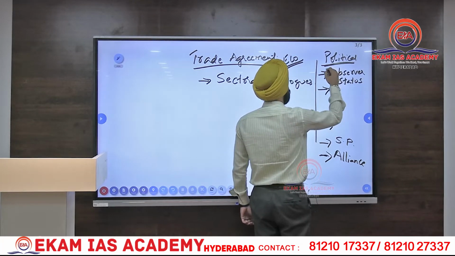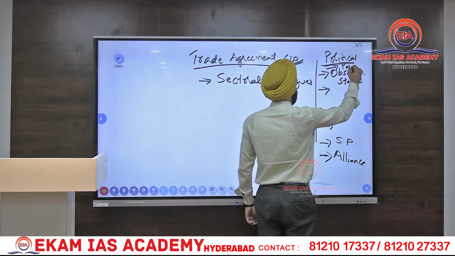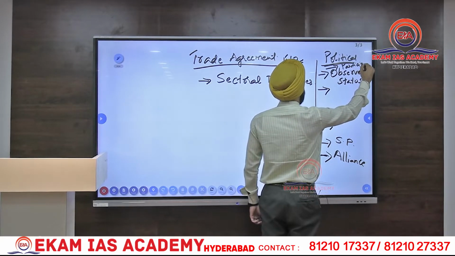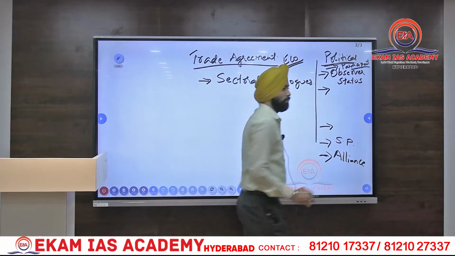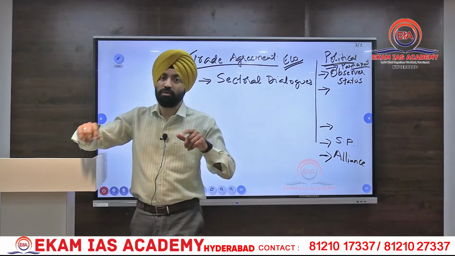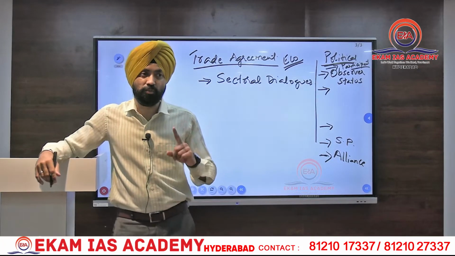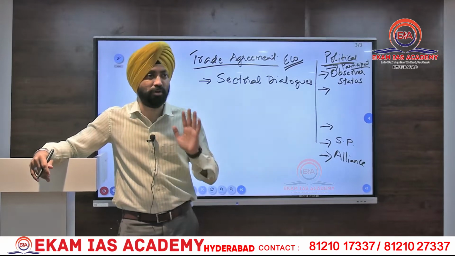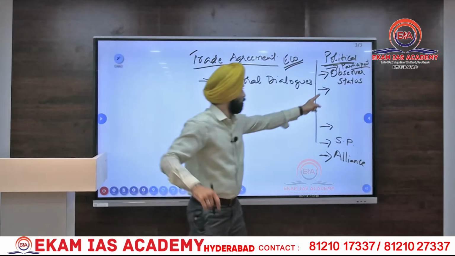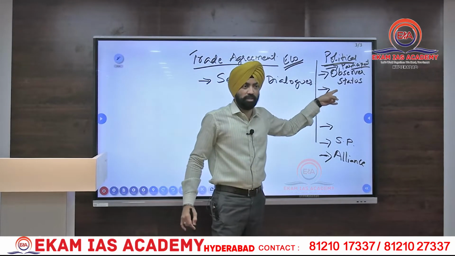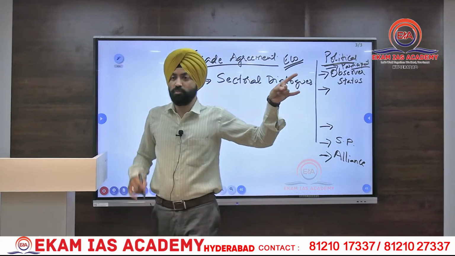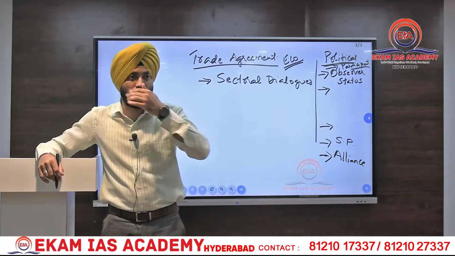What is before strategic partnership? Before observer status you are also called a participant, because in observer status you are given the right to give recommendations, but the other party is not duty bound to accept your recommendations. So what is there in between? What is there before strategic partnership?